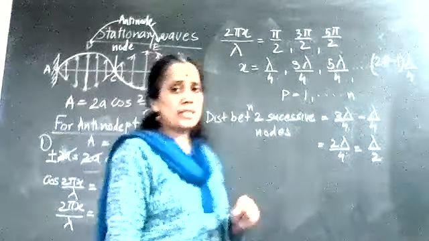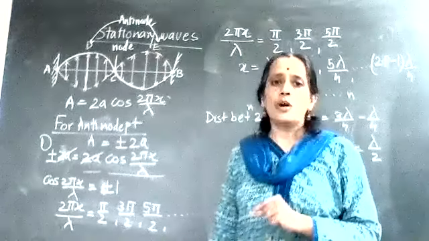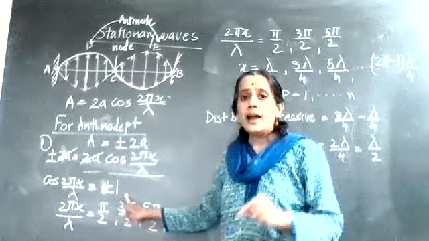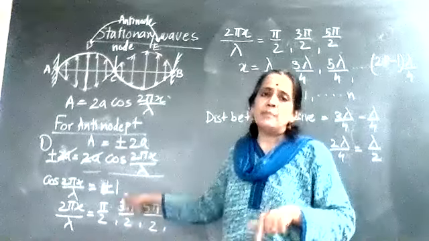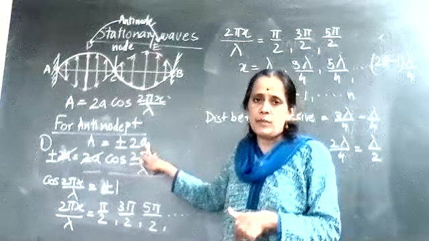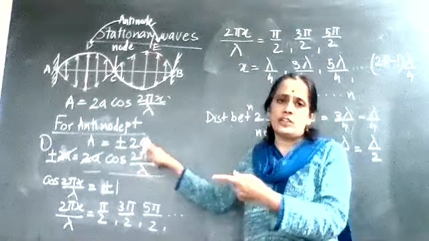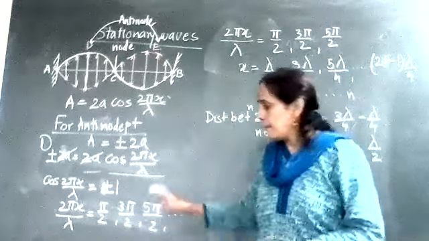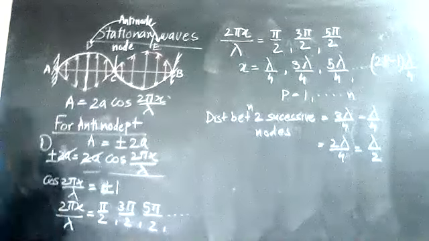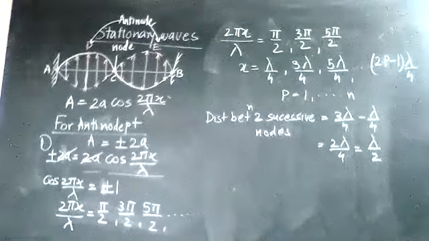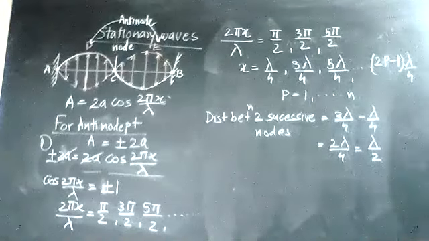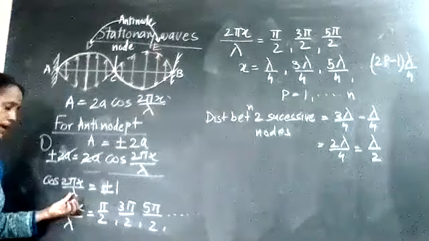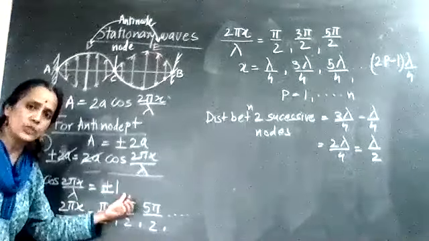So when cos 2 pi x upon lambda is equal to plus minus 1, for that theta I am getting amplitude maximum, and that corresponding point is called your antinode. Clear? Therefore, I can derive the condition as cos of 2 pi x upon lambda equal to plus minus 1.